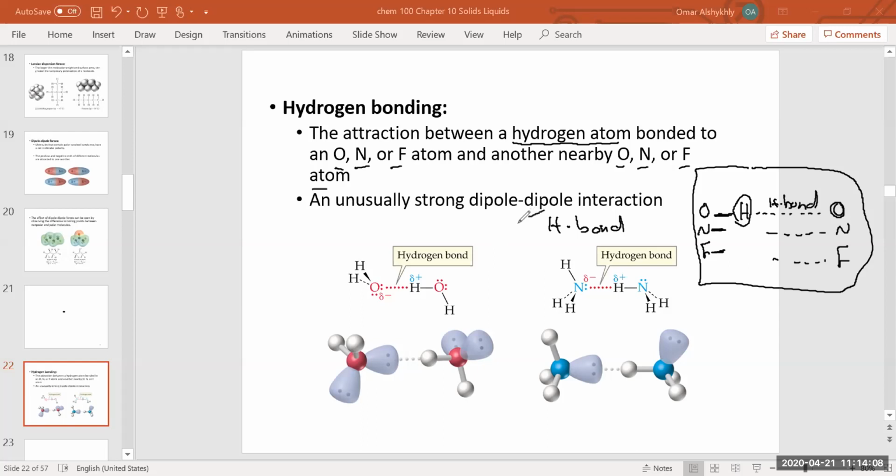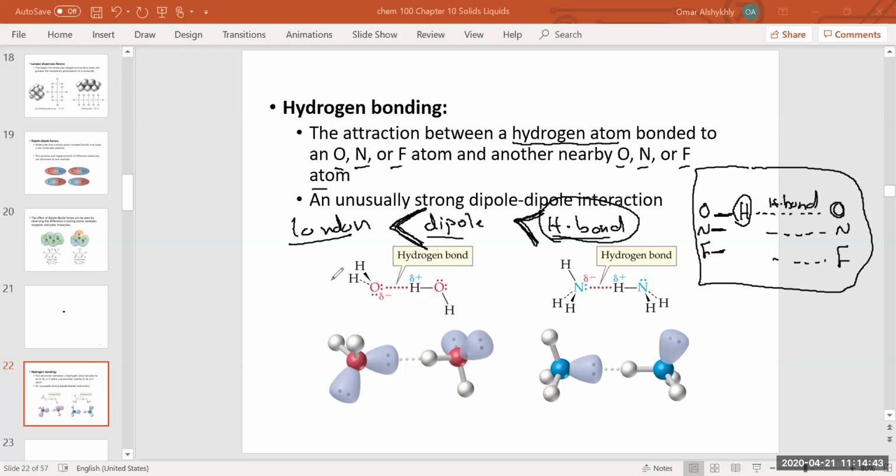So it will be stronger than dipole and stronger than London dispersion. So if we have a molecule that has only London dispersion, another molecule that has a dipole, and another molecule that has a hydrogen bond, the molecule with the hydrogen bond will have the higher boiling point compared to the dipole, and the dipole will be higher compared to the London dispersion.